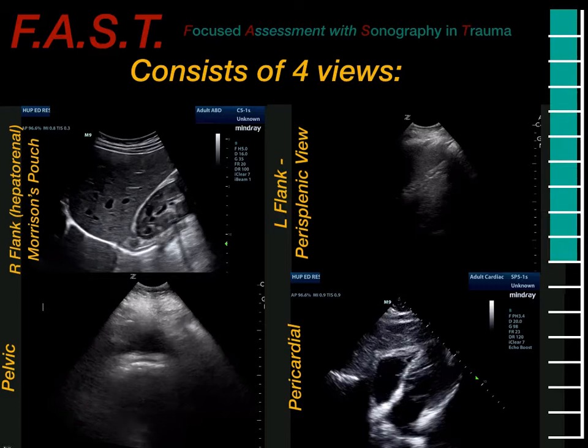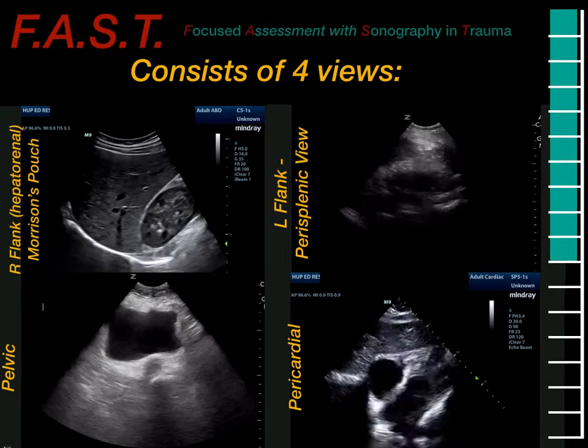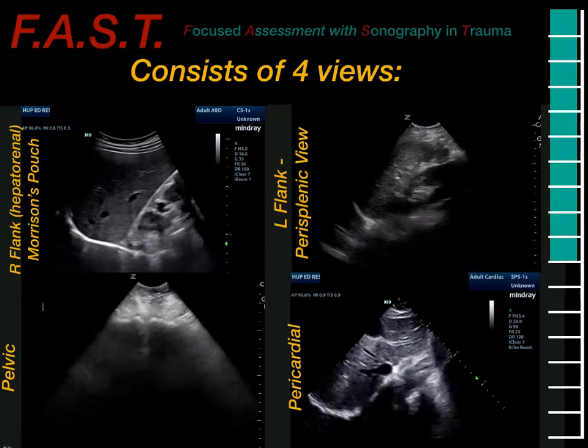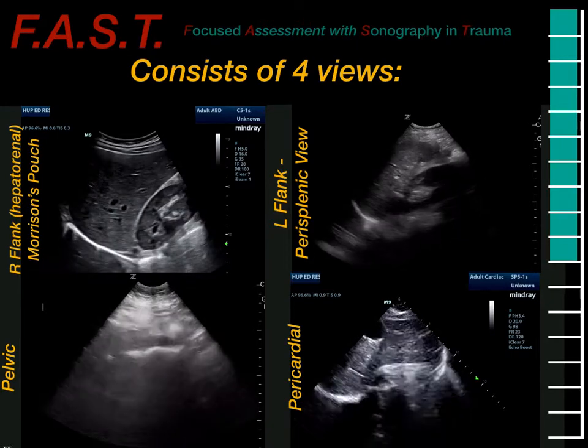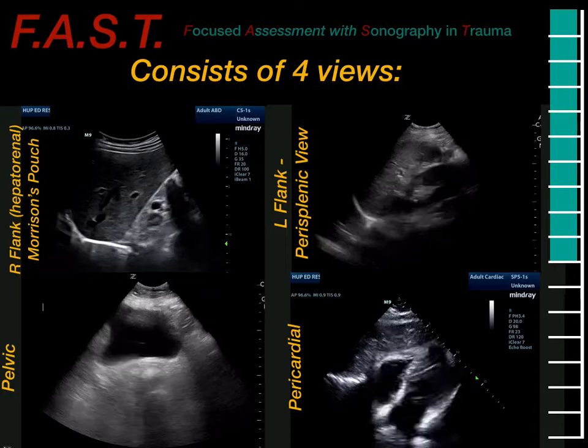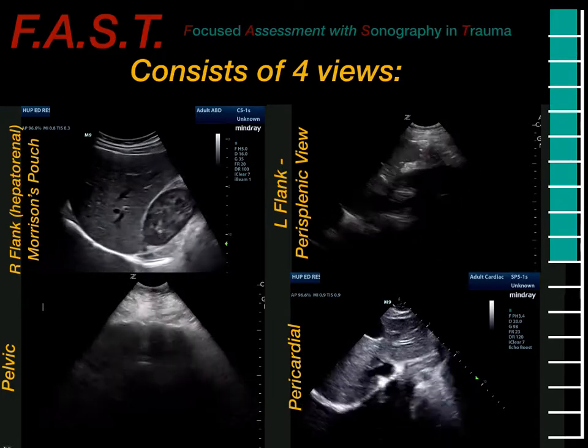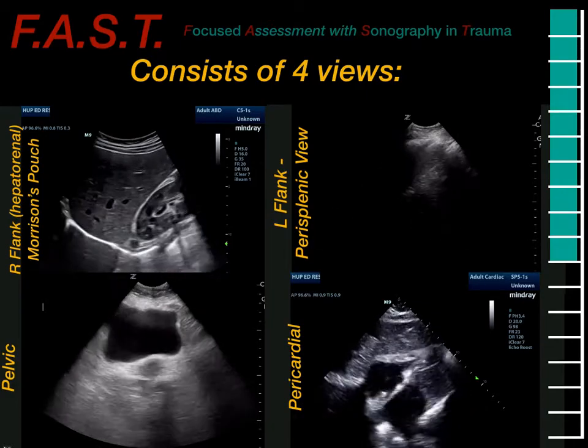This becomes important to look for fluid collections or separation between the liver and the kidney. The left flank, or perisplenic view, the pelvic view, where you can visualize the bladder on the top part of that screen, and then the pericardial view, where you can visualize the chambers of the heart and the pericardium.